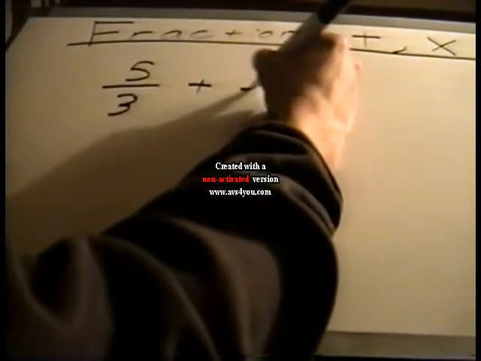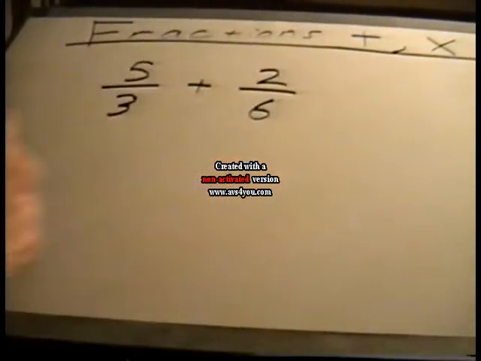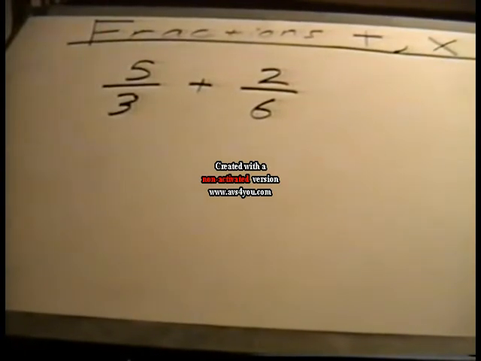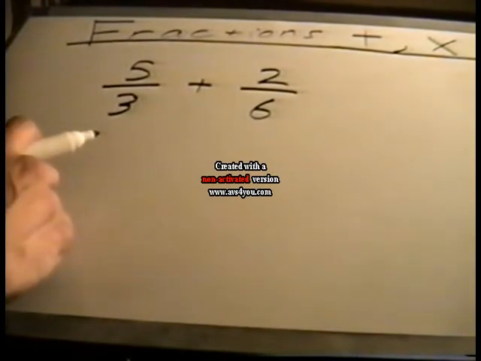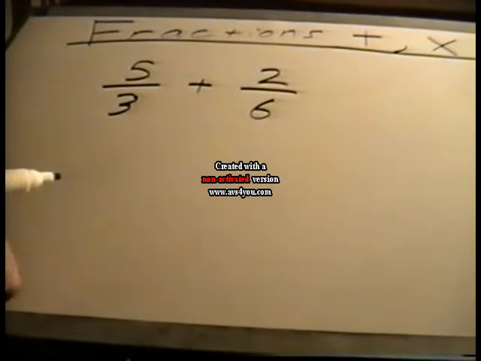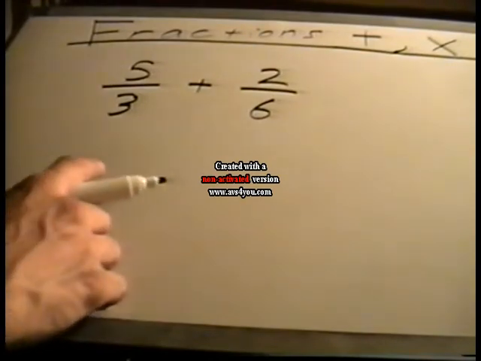Now this is going to come out to 2 times 2 over 3 times 2, which is 4/6. So 2/3 is equal to 4/6.